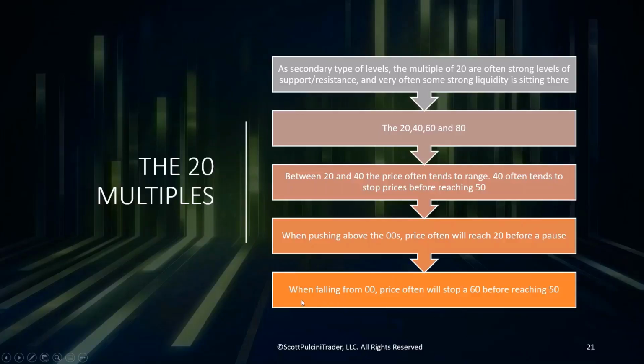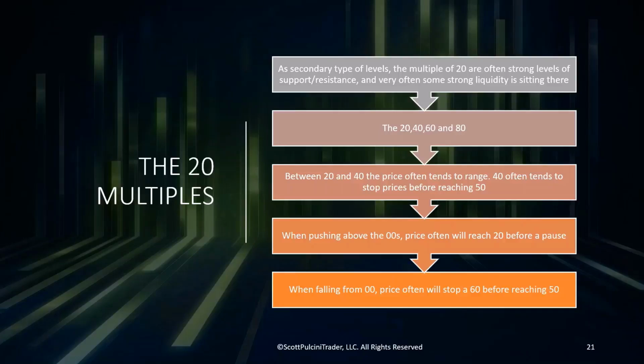And when falling from the round numbers, very often the price will stop at around 60 before reaching the 50. I don't know why, but when you start to know the NQ and how it trades, you'll see those things happening over and over again.